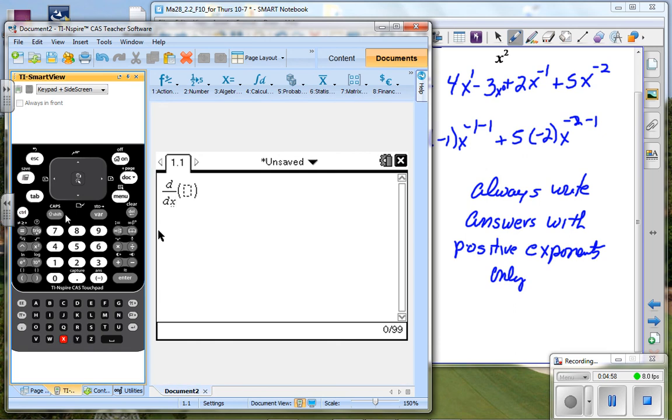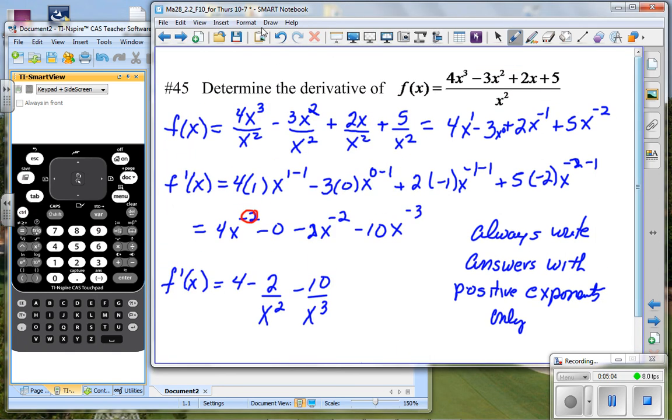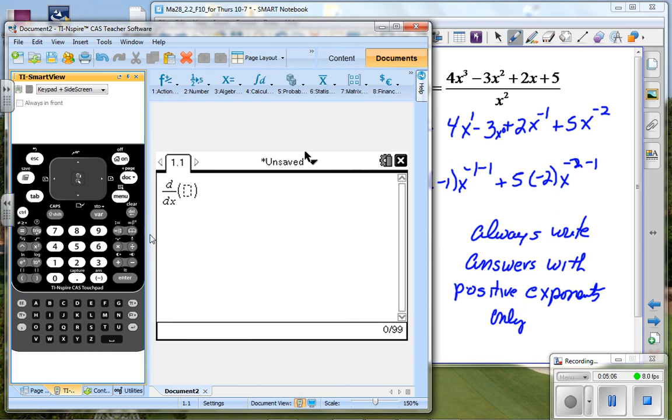The input variable is x, tab, and then always pick up your original problem. If you make some arithmetic error, you won't find it unless you have the original problem.